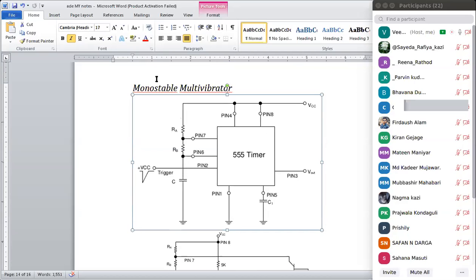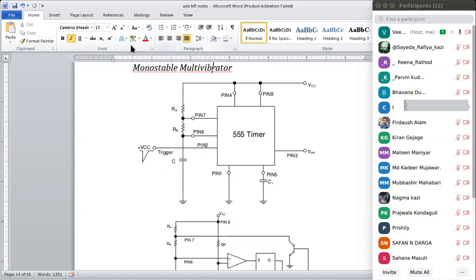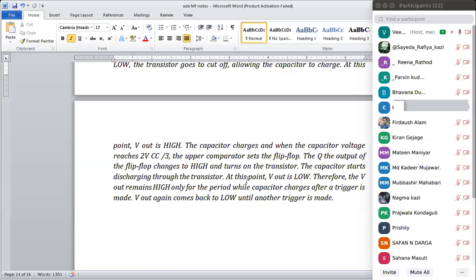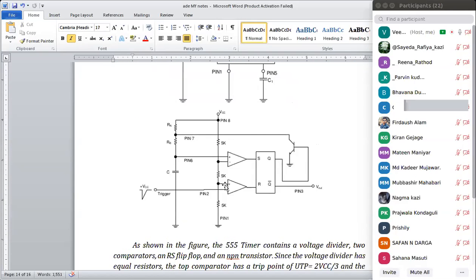So we said that a monostable multivibrator is a one-shot multivibrator. Once you give input from the external, it will go high, and after some time again it will come back to its original position 0. The waveforms are not there, I'll just draw it. Except for that, everything else is the same here.